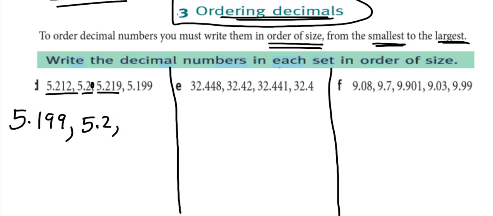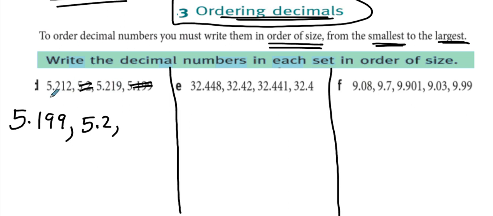Now, this 5.19 is taken and 5.2 is taken. Then what next? We have two other numbers left: 5.212 and 5.219. 5.21, 5.21, the same.